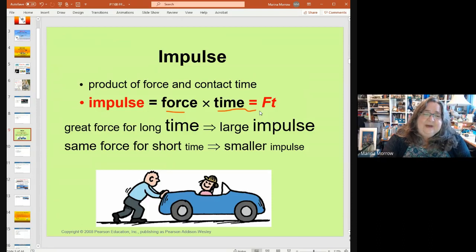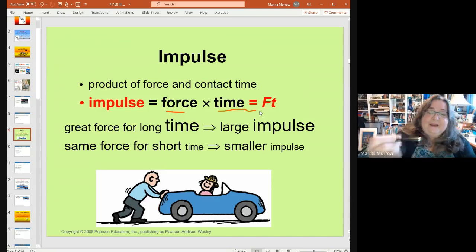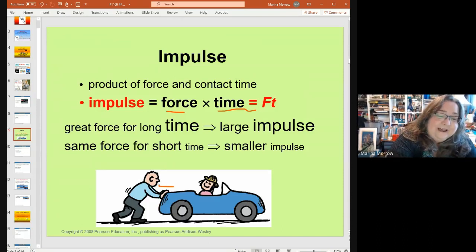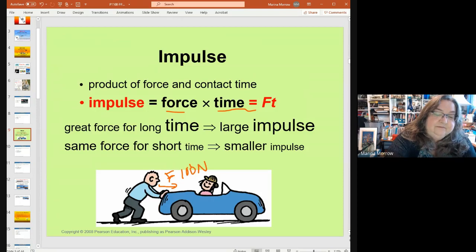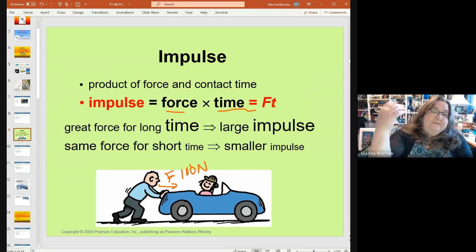This is applying a force for a time, and anytime you apply a force, there is a time connected to it. You can't apply a force for 0 time, or it's not applying the force, right? There's no interaction. So you apply a force. Maybe you're pushing on this car with 100 newtons of force, and you push it for 10 seconds.